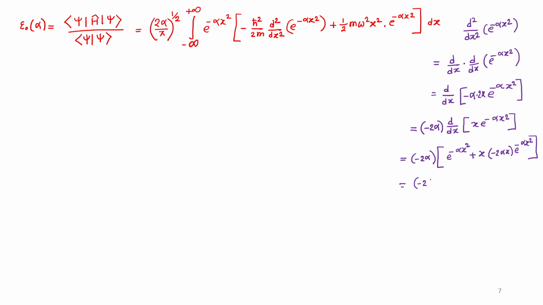So we are going to take those things out: e to the power minus alpha x square, 1 here, and minus 2 alpha x square. Okay. So we are going to put this value here.